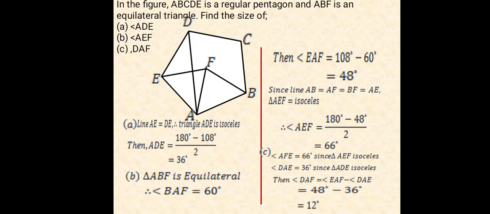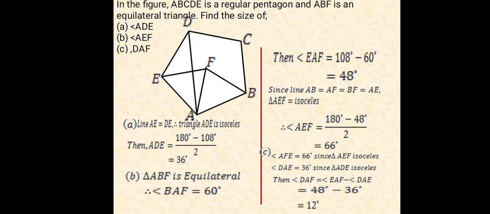Now let's find ADE. To find ADE, we know that line AE is equal to DE. Therefore, triangle ADE is an isosceles triangle. Then ADE will be 180 degrees minus 108 divided by 2, which is 36 degrees.